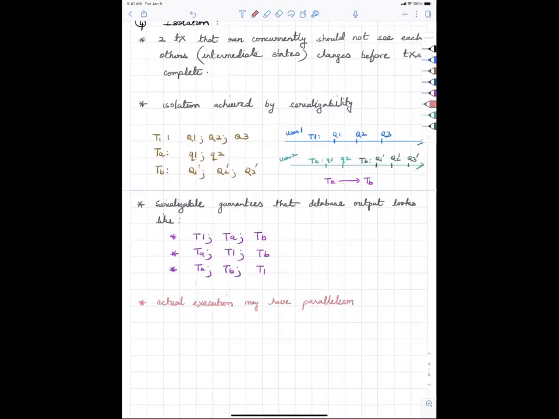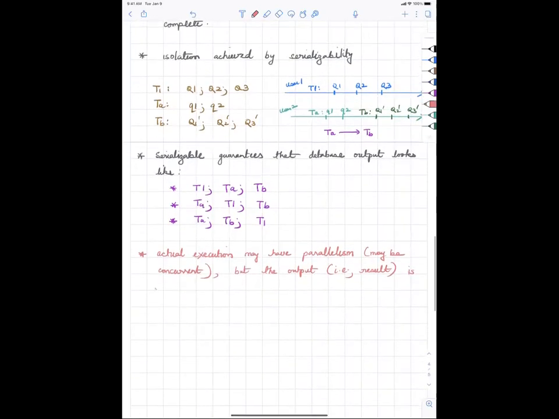So the actual execution may be running concurrently, but the output or the result is equivalent to some serial order.